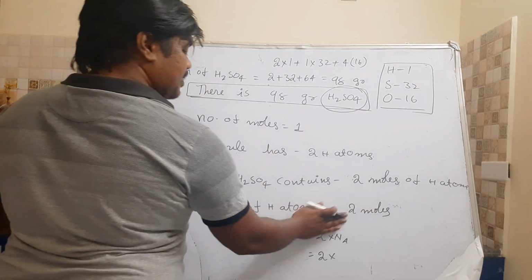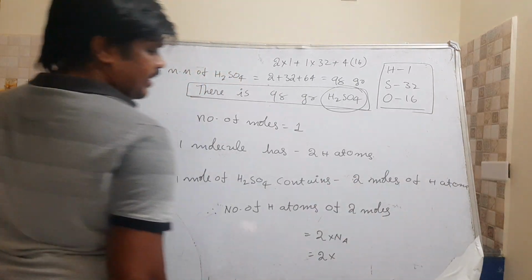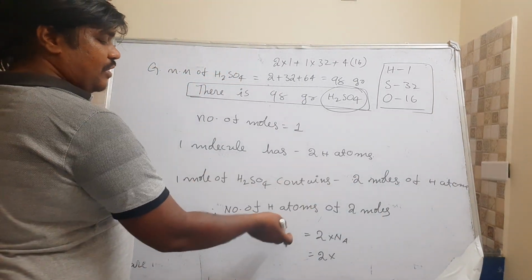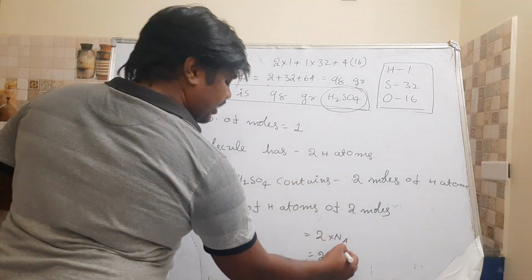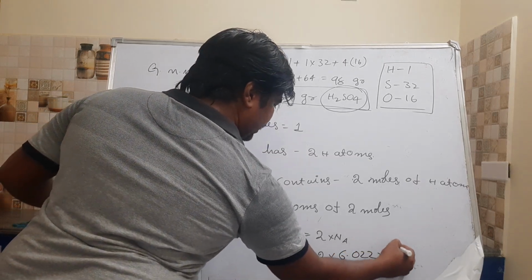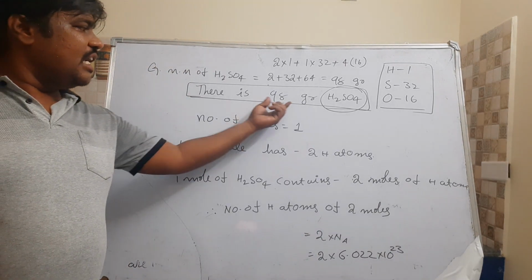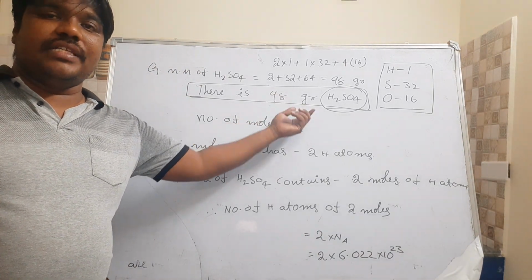Yes, 2 moles of hydrogen atoms are there, and the number of hydrogen atoms in 2 moles is nothing but 2 into Avogadro number, that is 2 into 6.022 into 10 to the power of 23 hydrogen atoms, from the same data given in this question.